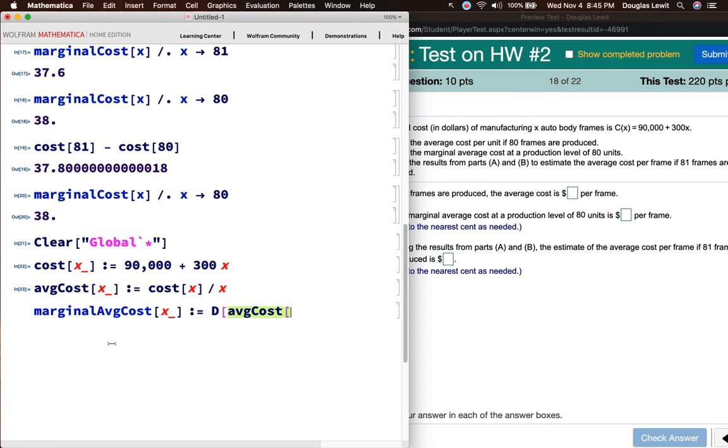And you know what I should do? I should really use some other symbol besides X. Let's use the symbol Y. The derivative of the average cost of Y with respect to Y, and then Y is replaced with X.